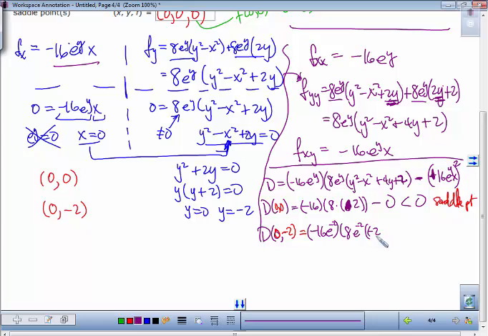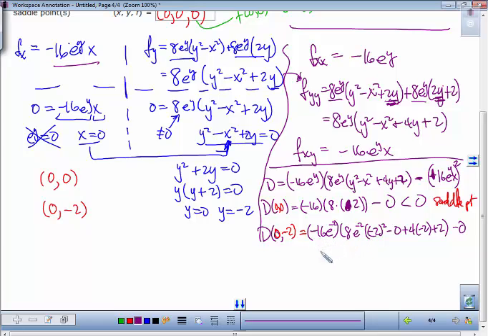Negative 2 squared minus 0, x is equal to 0, plus 4 times negative 2. Well, you really have to watch out for that negative 2. Plus 2. Minus, and again, x is equal to 0, so the second part will just disappear.